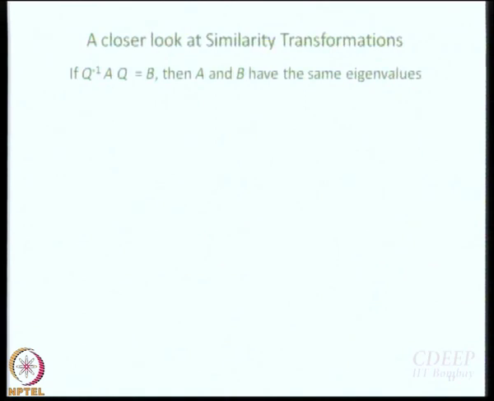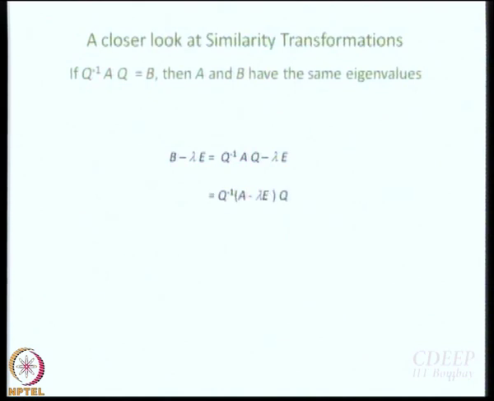Next, what we want to show is that conjugates have the same eigenvalue. If A and B are conjugate to each other, then they should have the same eigenvalue. Start with this, B equal to Q inverse A Q, and then let us write minus lambda E on both sides.